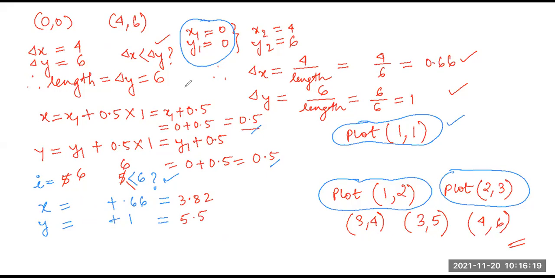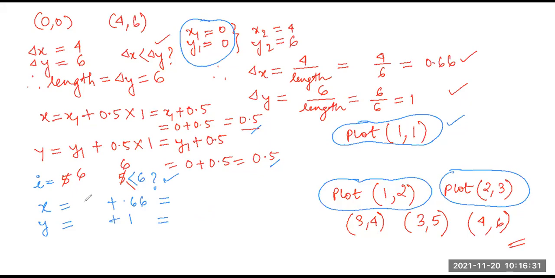What will be my next values? 3.82 plus 0.66 and 5.5 plus 1. So what will it be? 4.48 and 6.5. So my plot will be 4 and 7.